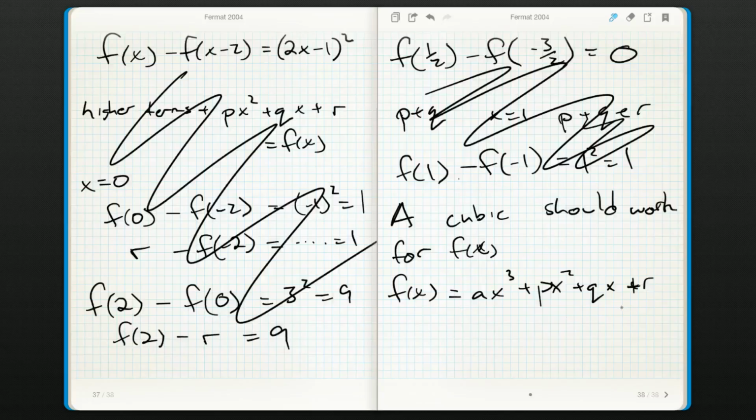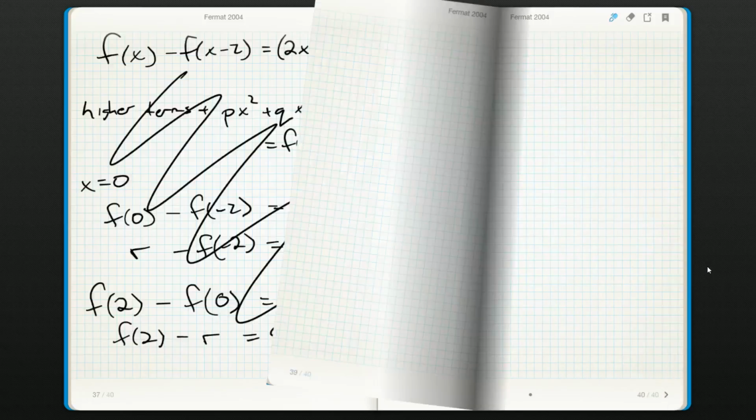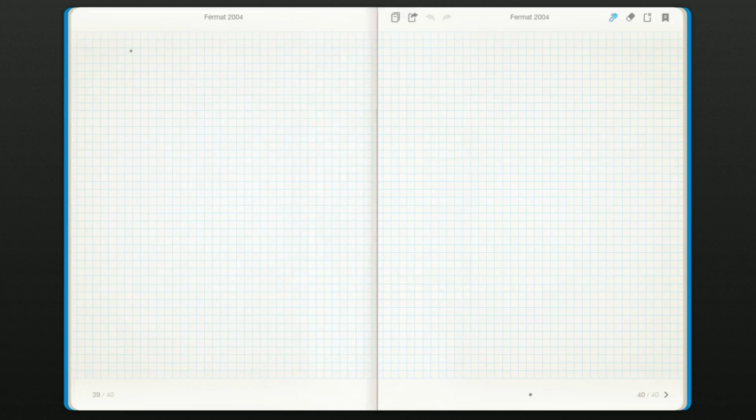Okay, so this is what, in general, a cubic looks like. There's our p, there's our q. We've inherited the same r, and usually the first thing is just an a. Okay. So now, if that's the case, maybe we can use equations like this to start solving for this sort of thing. Okay.